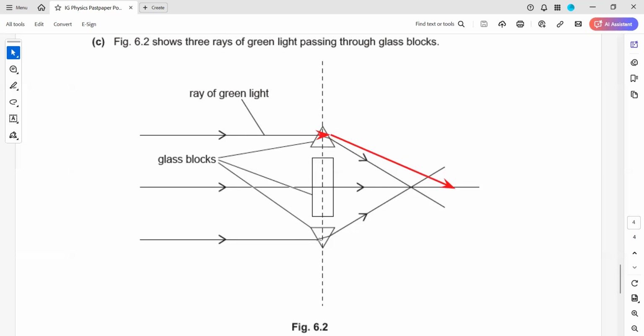For the prism at the bottom, it will also bend less. But for the glass block, it will go straight because it is passing along the normal. If it is passing along the normal, it will pass straight irrespective of the kind of ray. So red bends the least, violet bends the most. That's how you complete these parts.